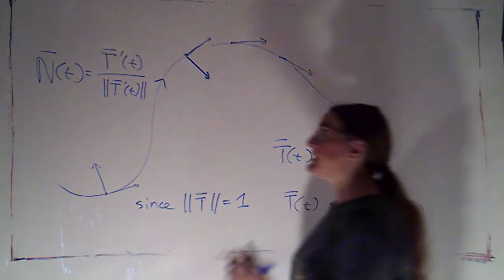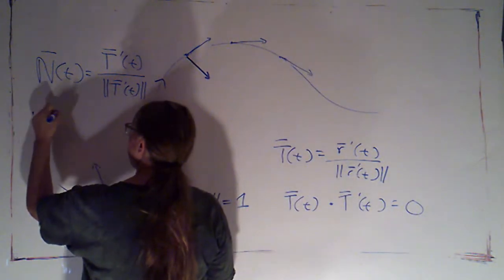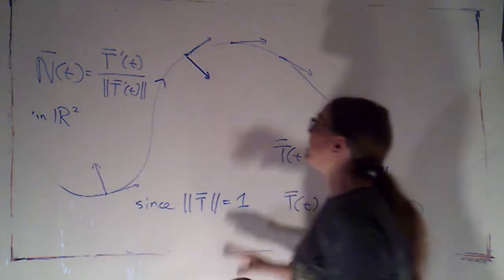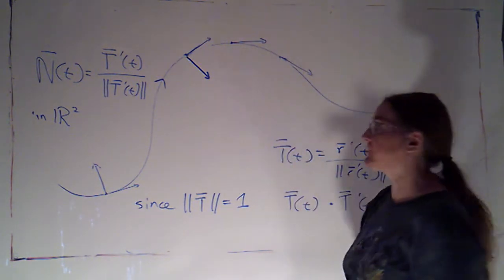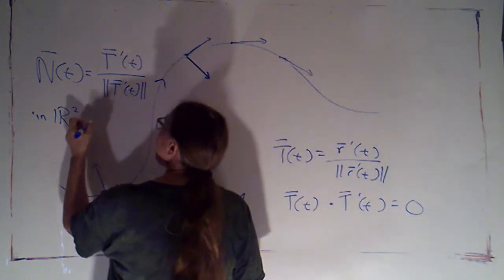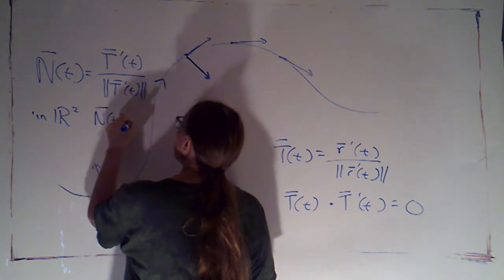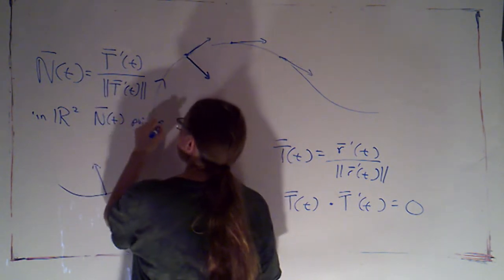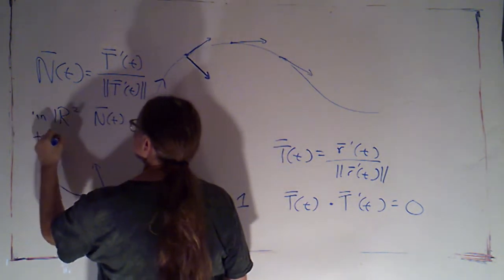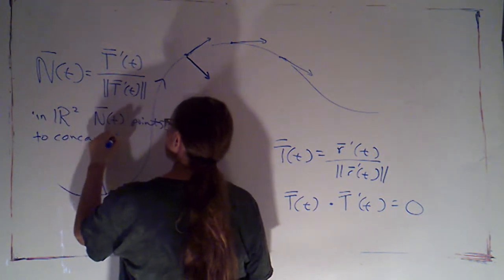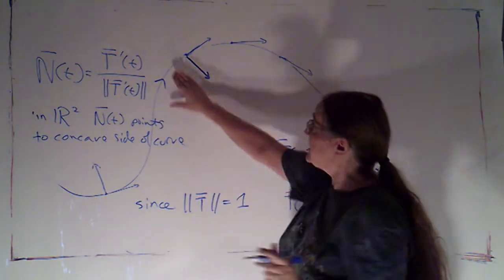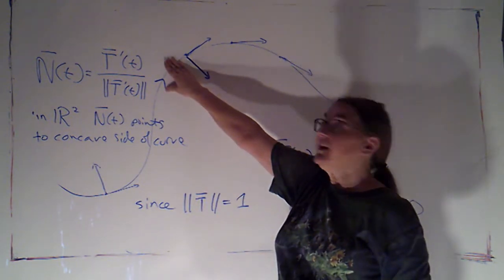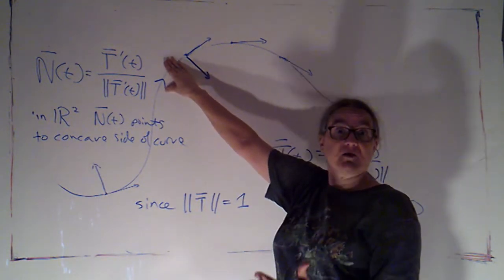Like I mentioned, in 2-space we essentially have two possibilities for the direction that the unit normal vector could point in, and in 2-space, N(t) points to the concave side of the curve. But this definition for the unit normal vector applies in 3-space as well.